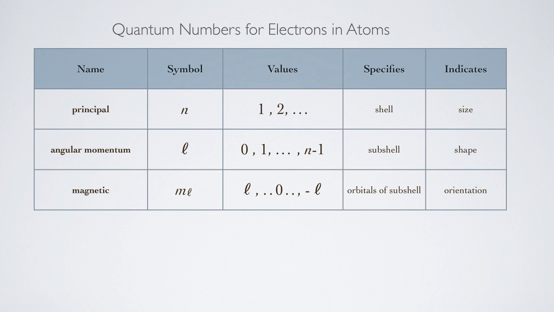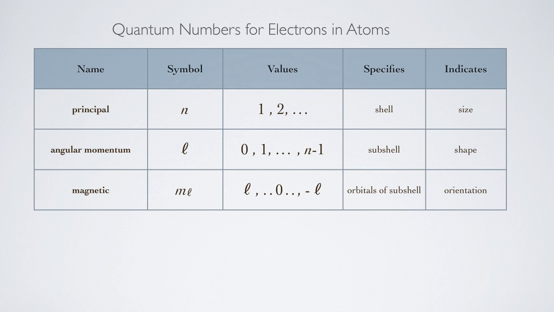Finally, there's the magnetic quantum number, m sub L, and it's related to the energy of this particular orbital in a magnetic field. The m sub L essentially tells us how many different degenerate orbitals we have with the same angular momentum quantum number.